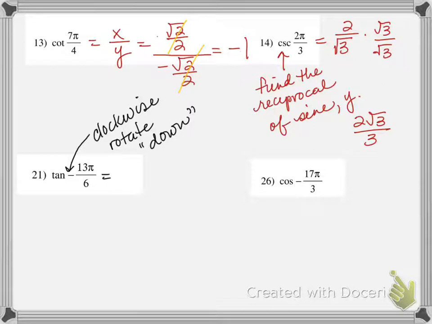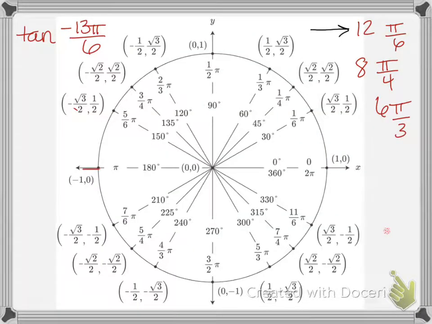So, I know I need to do y over x, but I also know that I was supposed to count in the opposite direction. So what I mean by that, since it was negative, I needed to count this way to get to 12 pi over 6 and then go a little bit further to get negative 13 pi over 6.